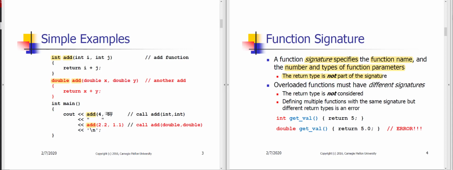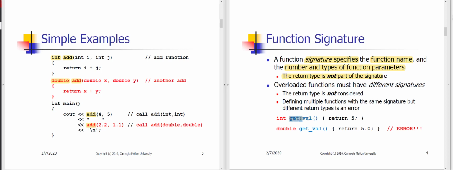So in selecting, the compiler notices that this first call of add has two int arguments, and therefore it chooses the add that has two int parameters. In the second case of the call of add, this call has two double arguments, and therefore it selects the one that has two double parameters.